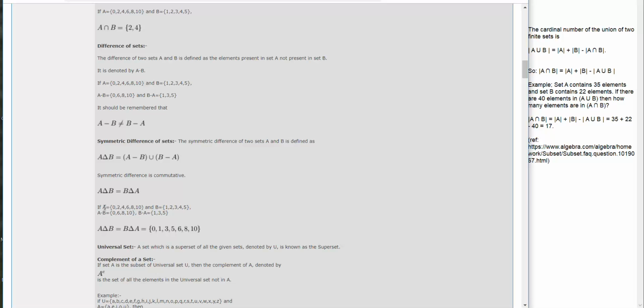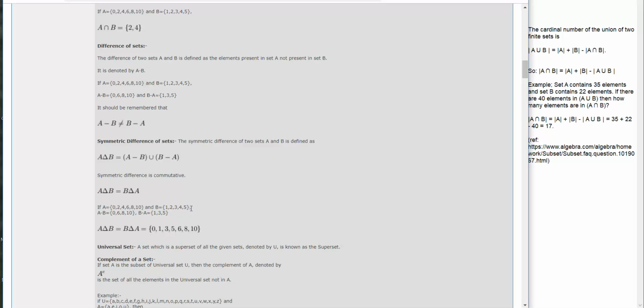So we have A minus B. This is the example: A is 0, 2, 4, 6, 8, 10 and B is 1, 2, 3, 4, 5. So A minus B is basically 0, 6, 8, and 10. And then B minus A is basically 1, 3, and 5.